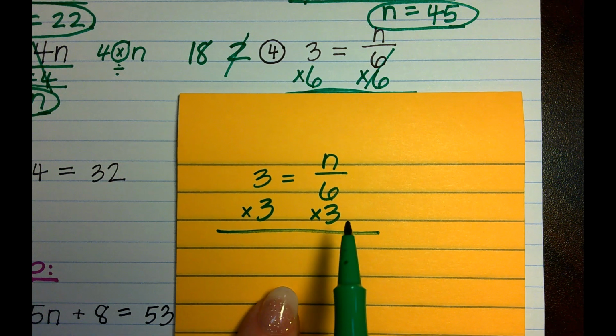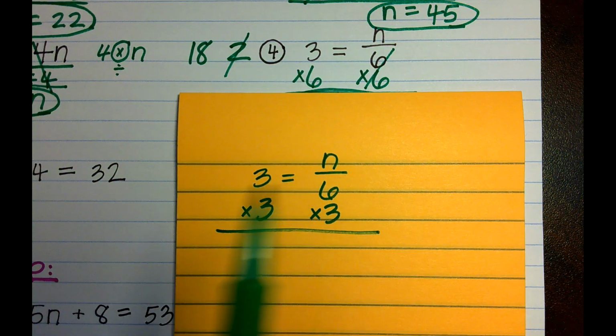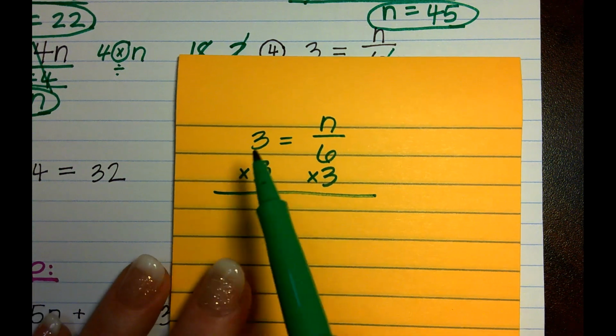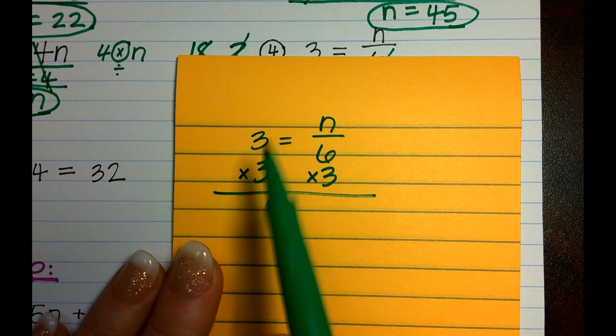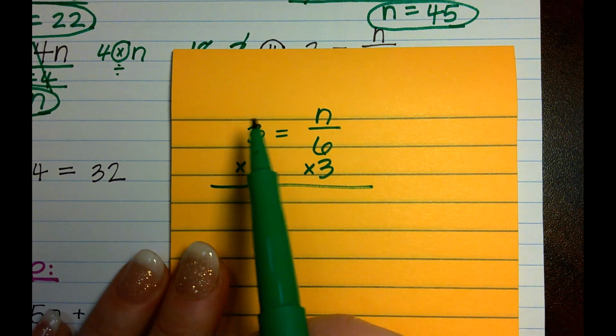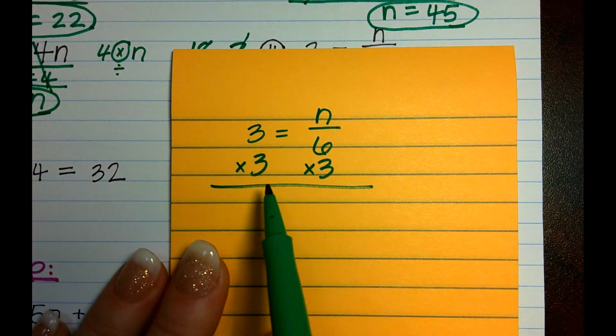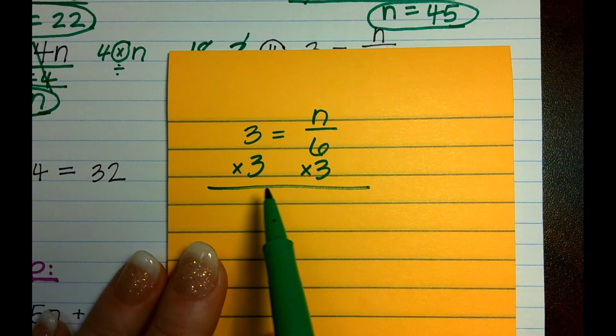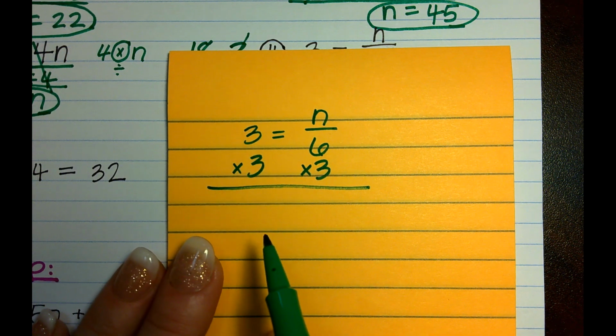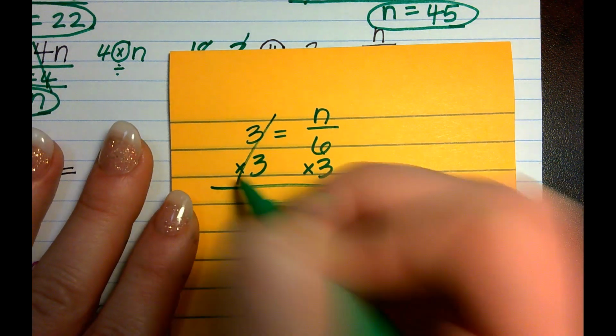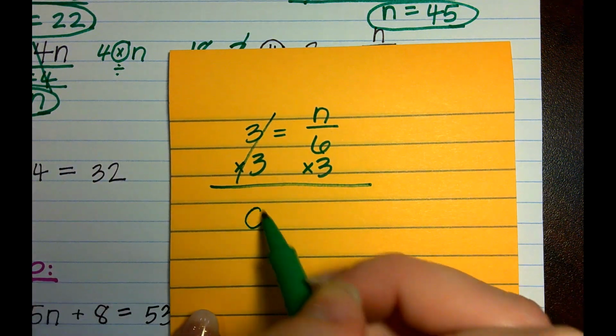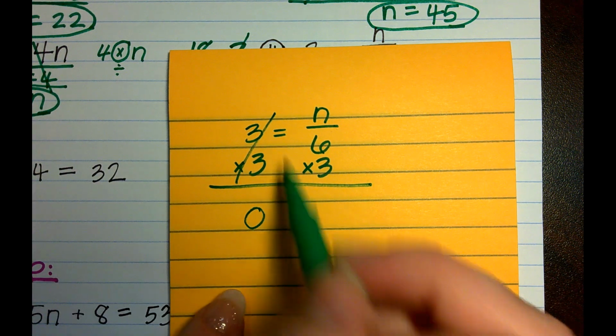Here's where this will get you messed up in the future. If I do times 3, first of all, does 3 times 3 cancel? No, technically this would give us 9. But let's say we decided it canceled. Okay, let's pretend it worked.